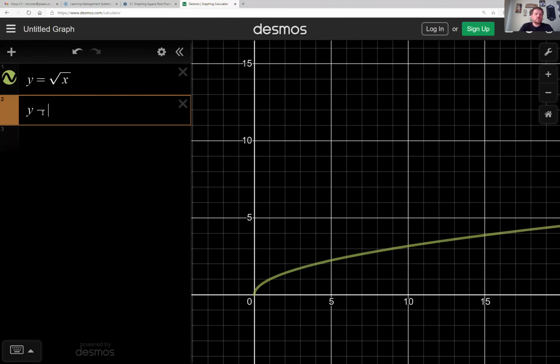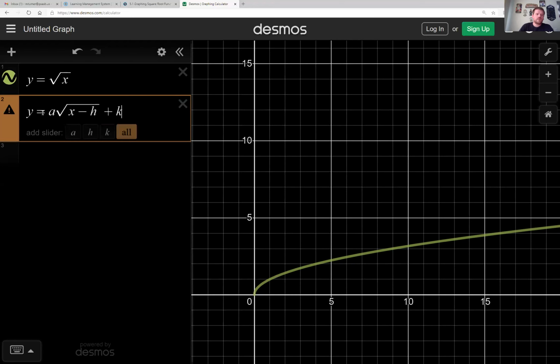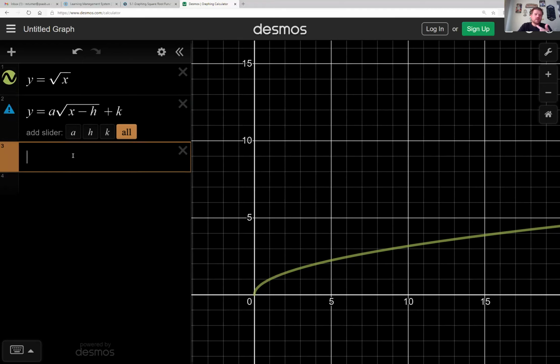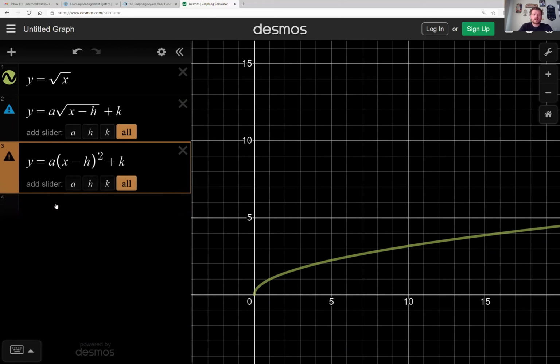Then, if you have looked at the PowerPoint lesson, you'll see an expanded form for the function that looks a little bit something like this. This should look familiar to you. This is the parent function written out, including your other variables a, h, and k. If you recall from previous assignments, we have something similar when we look at quadratic functions from Integrated Math 2, which looks like this.